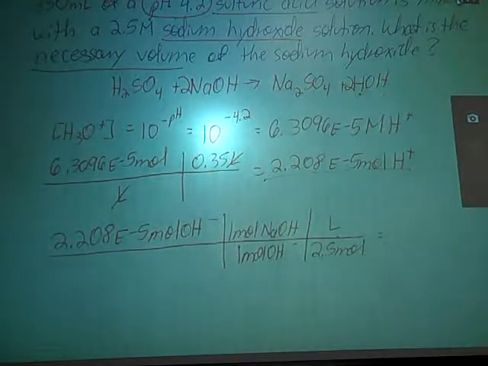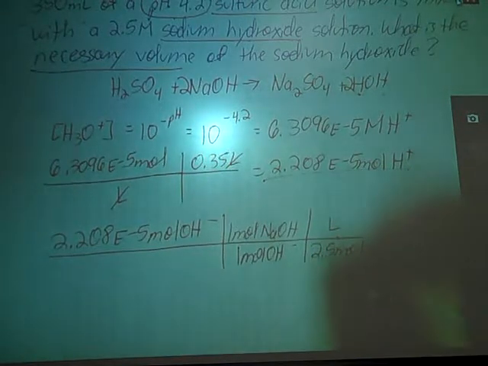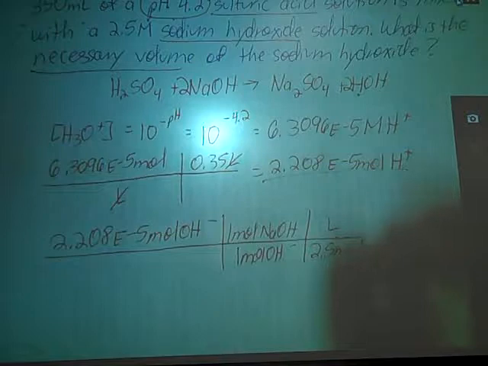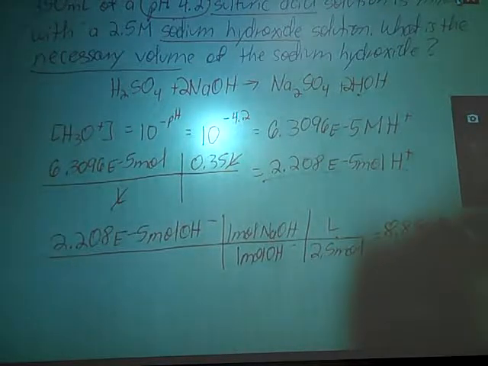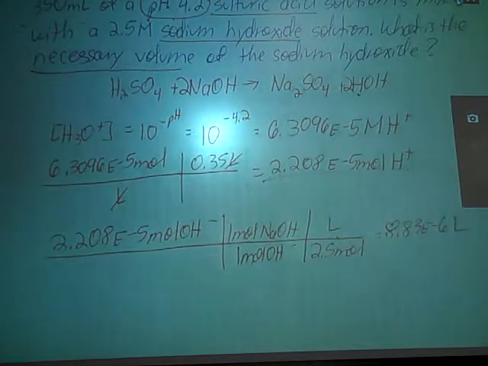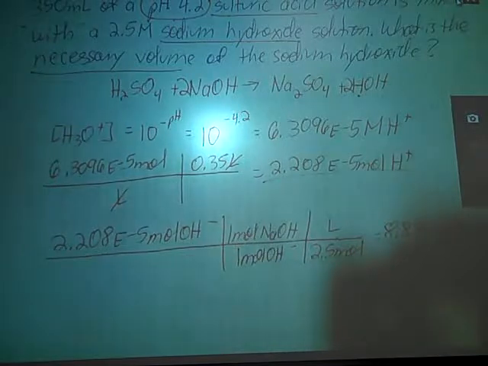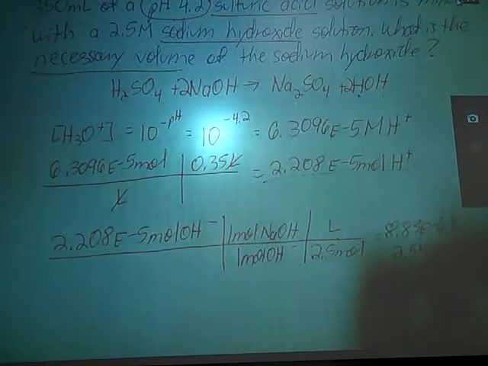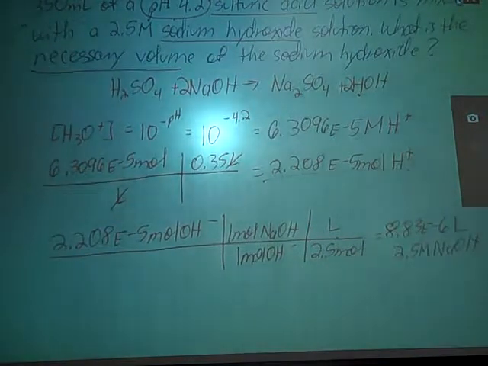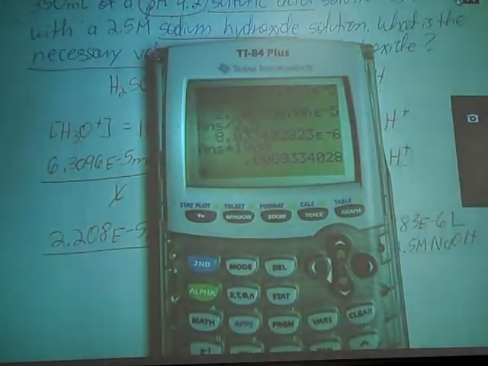I'll go ahead and stop here for now. Divided by 2.5, that's 8.83 times 10 to the negative sixth liters of our 2.5 molar sodium hydroxide. That is how much I will need to neutralize our pH 4.2 acid. That's that many milliliters.